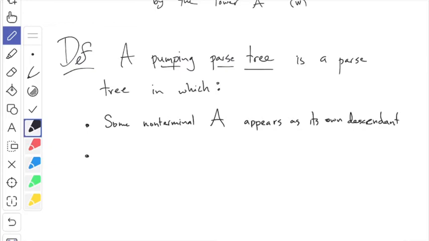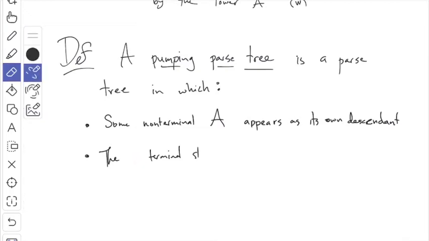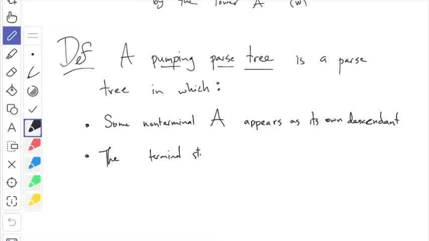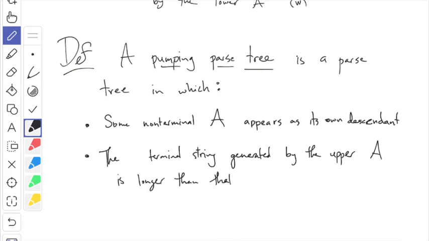And second of all, the string generated by the upper one is longer than the string generated by the lower one. The terminal string, not non-terminal, like the one you get at the bottom, the terminal string generated by the upper A is longer than that generated by the lower one.